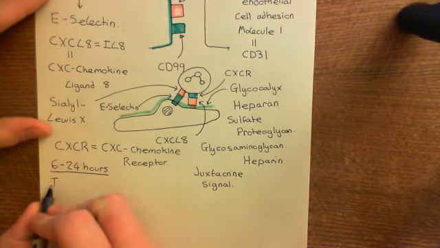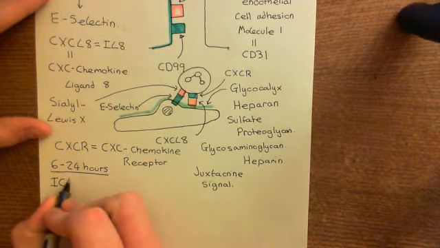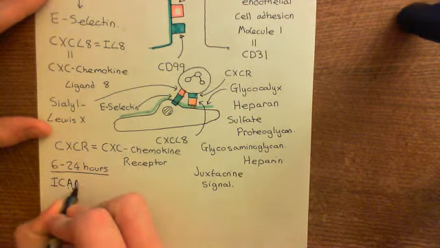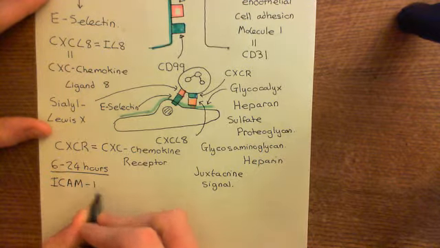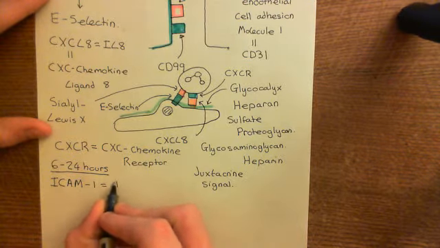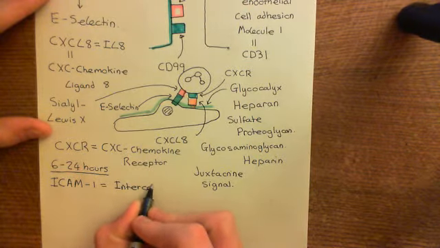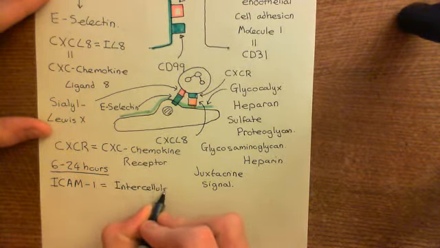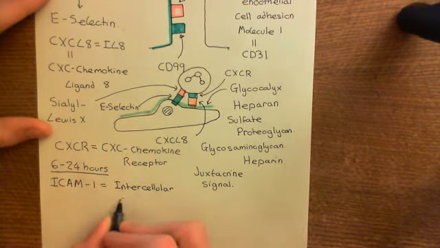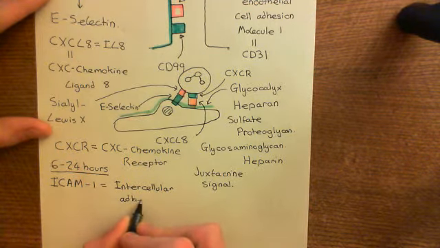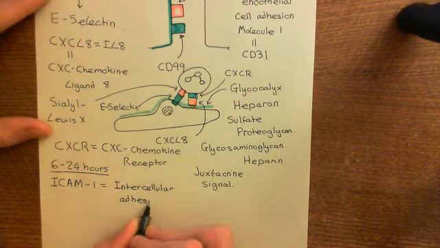So ICAM1 stands for intercellular adhesion molecule 1. Okay, so this stands for intercellular adhesion molecule 1. So this is one of the exceptions, nearly an exception, to the rule that CAM stands for cell adhesion molecule.